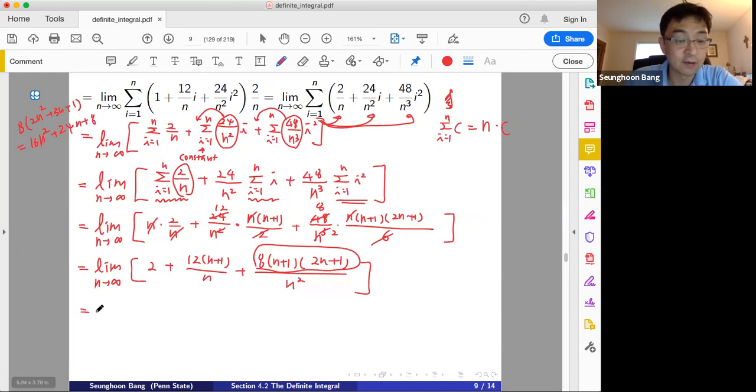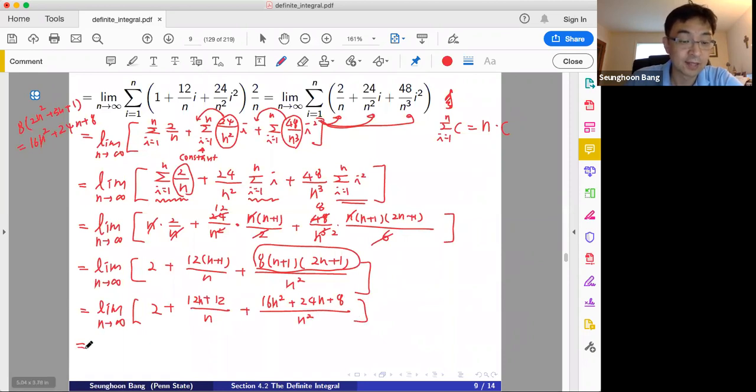So we have the limit as n approaches infinity. This one is 2 plus 12n plus 12 over n, plus the top, which is 16n squared plus 24n plus 8, over n squared. Next is split.